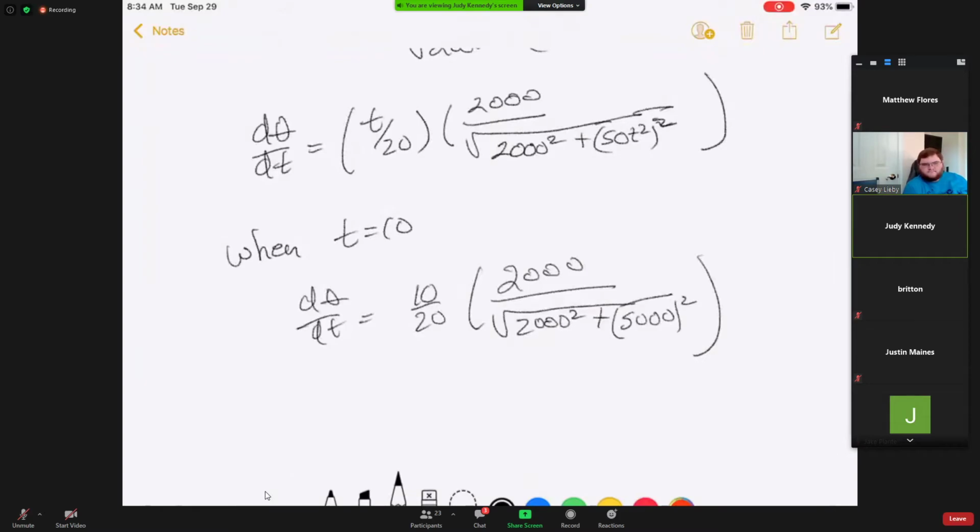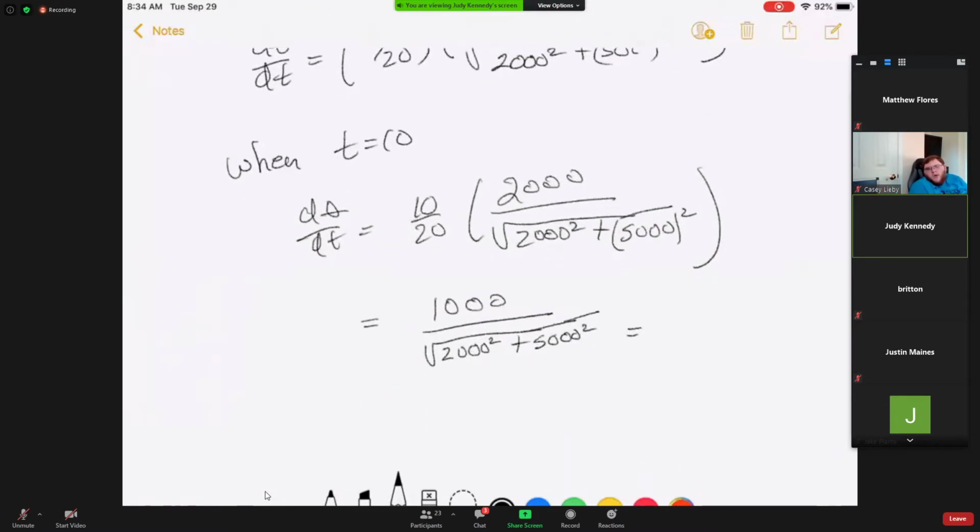Okay, so that's d theta dt right there. That is a number. Let's see if we can clean it up some. First of all, 10 over 20 is a half, and a half times 2,000 is 1,000.